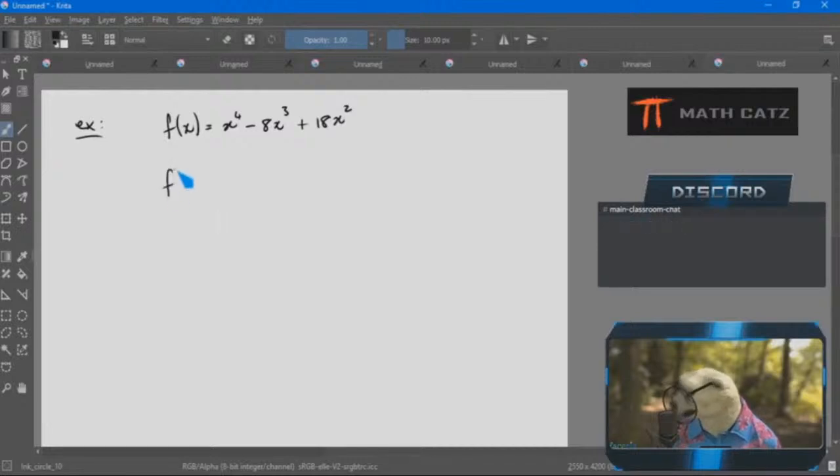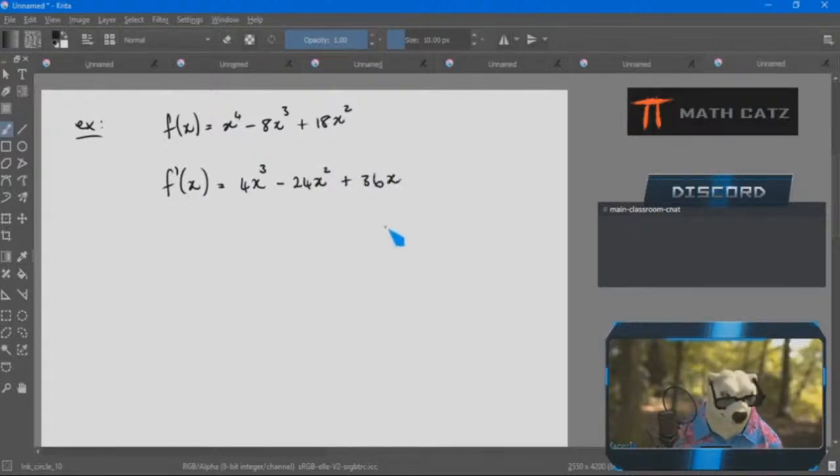So step 4 is usually done after step 3 because in step 3 I would need to find the derivative and then step 4 builds on that derivative. So I can't really skip that. I have to find the derivative first. 4x cubed minus 24x squared plus 36x. That's just the first derivative.